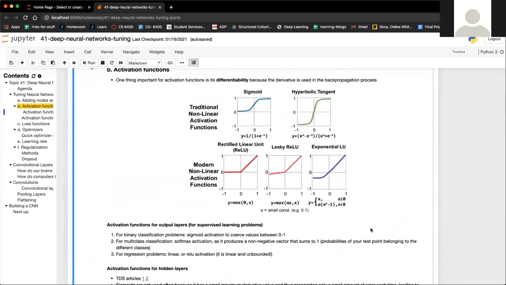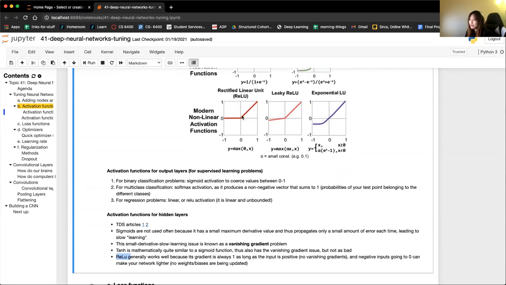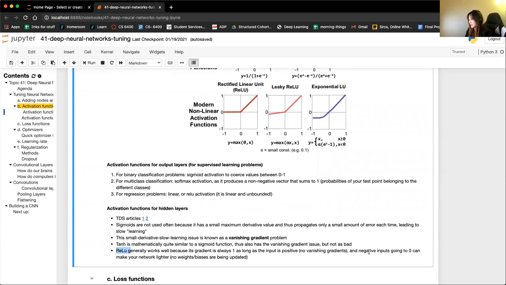Yeah, I have a question about leaky ReLU. So it seems pretty similar to ReLU, except that it starts a little less than 0. That's right. So basically, ReLU having negative inputs all going to 0 may or may not be a good thing, because as I think I wrote it here, negative inputs will all go to 0 and it doesn't update any weights and biases.